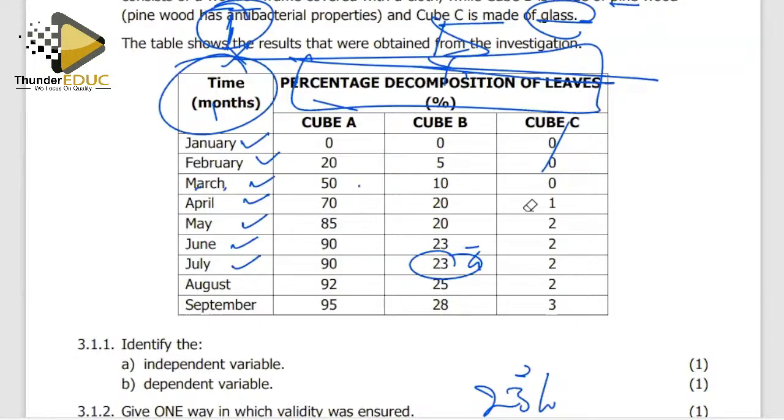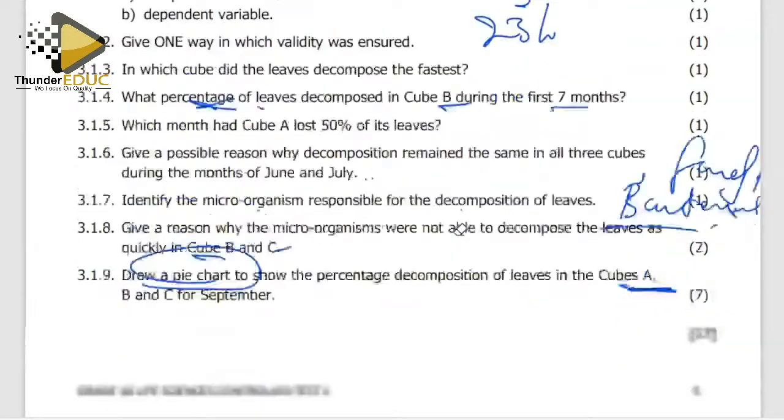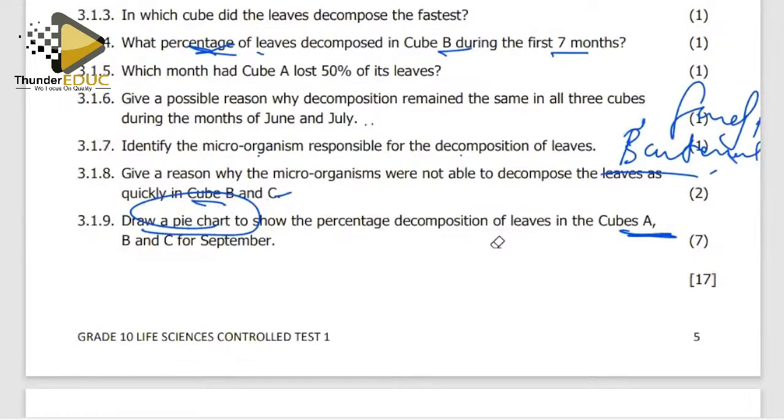After converting them into degrees from percentage, then I'm able to get the total. Say that draw a pie chart of percentage leaves in cube A, cube B, and cube C. Cube A, percentage decomposition of leaves.